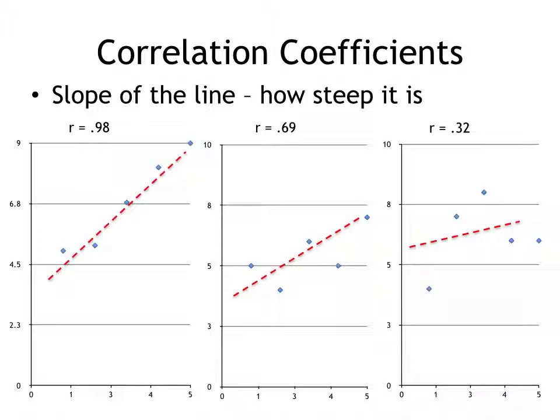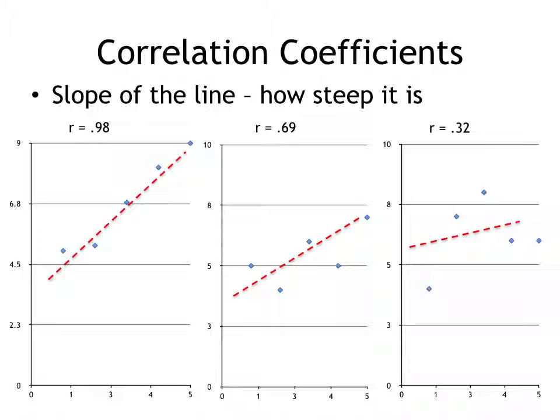Now, when we're looking at the correlation coefficient, we're actually looking at the slope of a line and how steep it is. So if I line up all these scores, and those are the blue dots, and then I put in a line that goes through the middle as close as I could come to touching all of those dots, you can see how steep that line is.